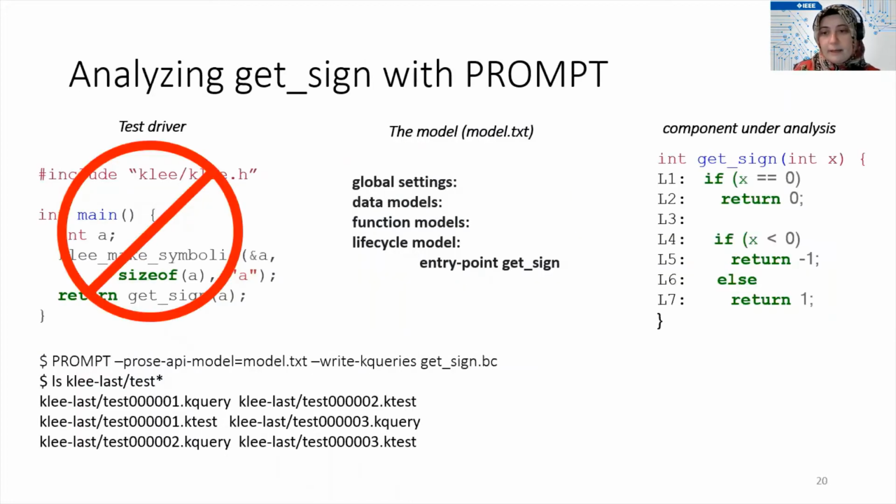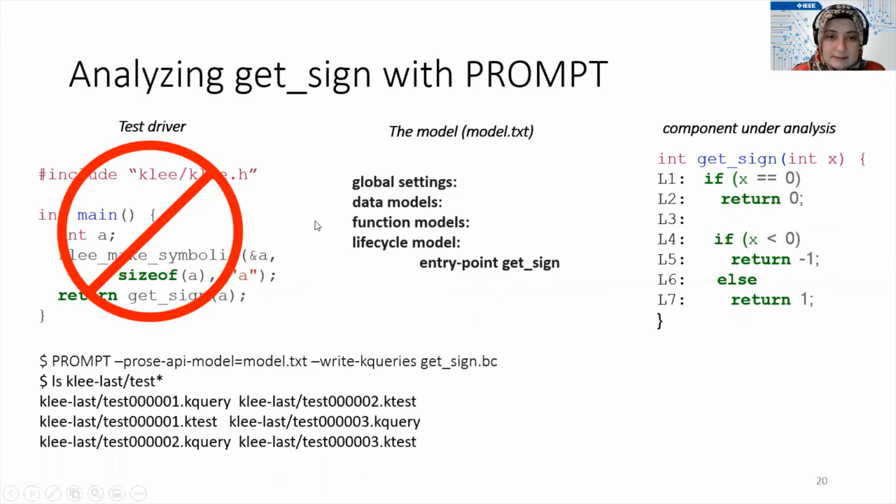So if you go back to the get sign function example, let's describe how PROMPT differs from KLEE. First of all, we do not need a test driver as we needed for KLEE. If we have our component already compiled and we have the bitcode, we're almost good to go. We just need also a model.